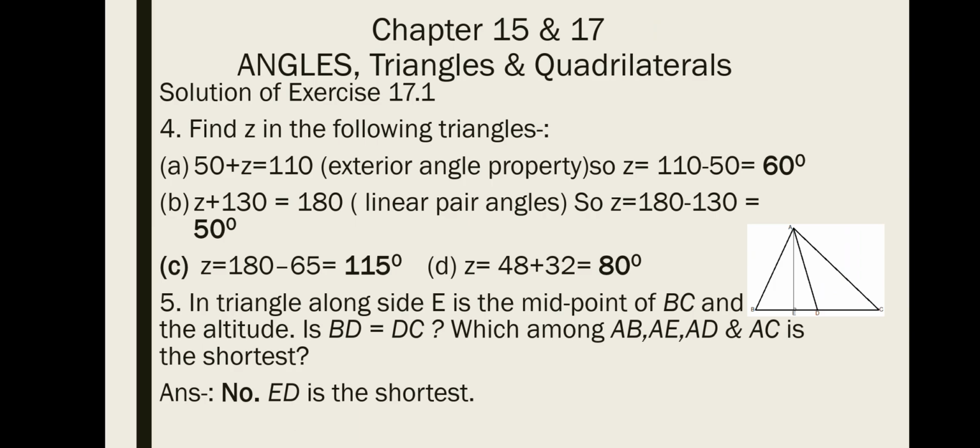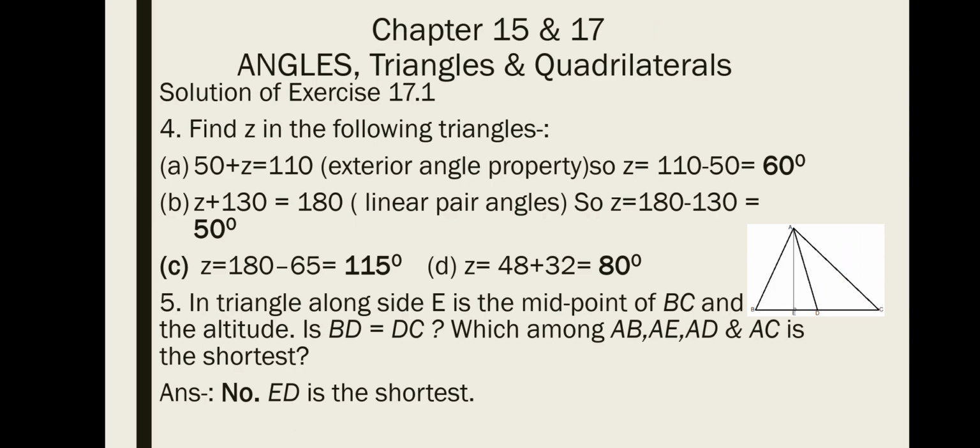Then fifth question. In the triangle alongside, E is the midpoint of BC and altitude. See here in this diagram, ABCD, ABD. Now AC is the median and AE is the altitude. Okay. So here, is BD equal to DC?